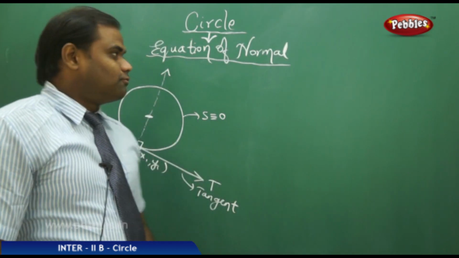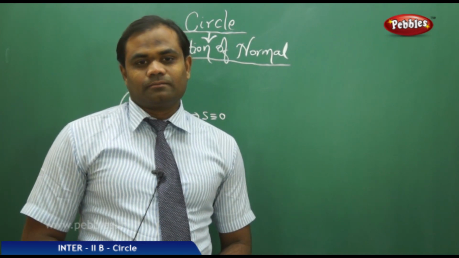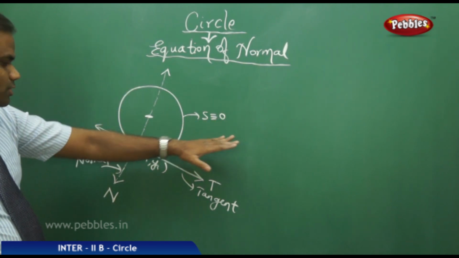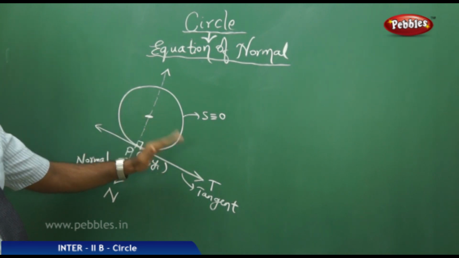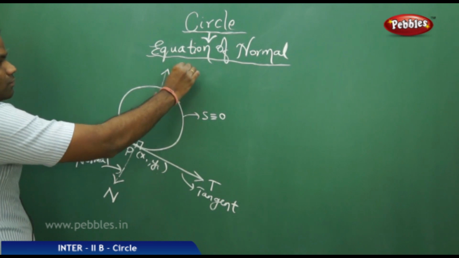Now let's derive the equation of the normal of the circle S equal to 0. For the general circle S equal to 0, I have the normal which passes through the point of contact and is perpendicular to the tangent. I have to find the equation of this line, which is the normal.